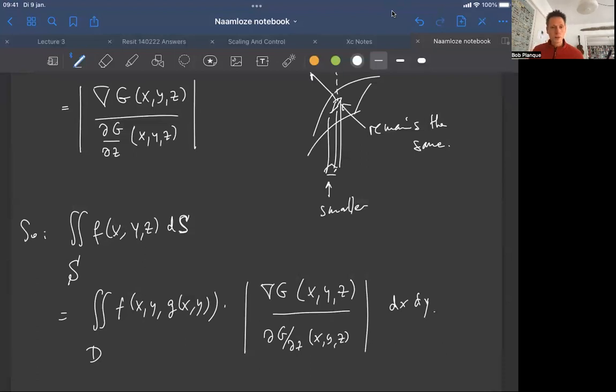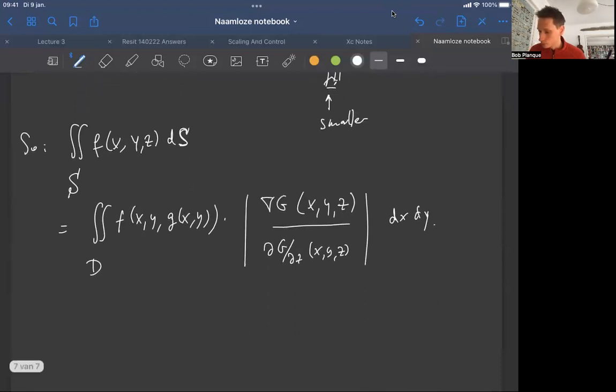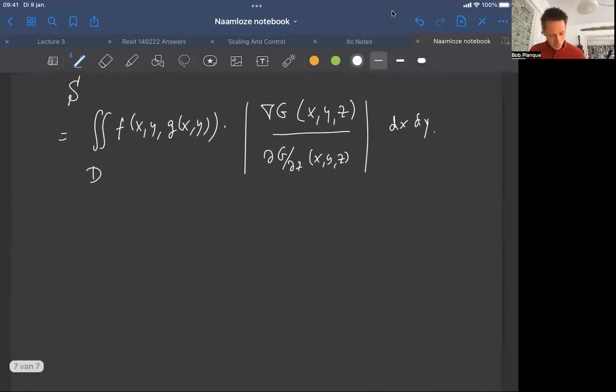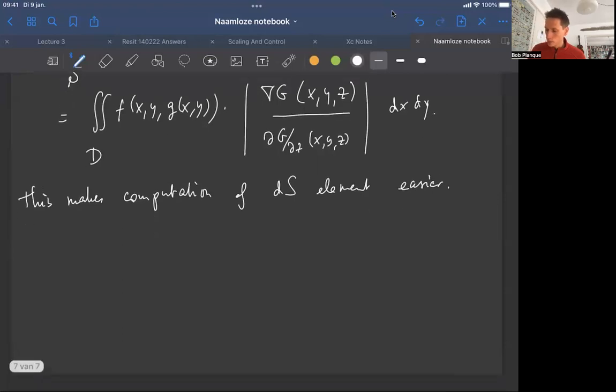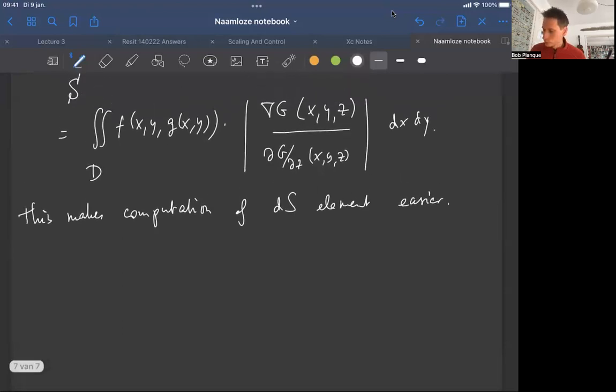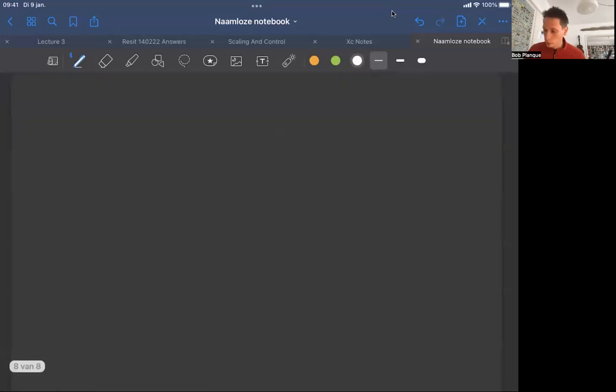So I invite you to reinterpret what we just did in terms of this fashion. I'm going to do another example in a minute, but the example that we just did with this conical surface is actually also an example of this. Right, so this makes the computation of the ds element easier. So let's do an example. You can pause the video if you want to digest that.